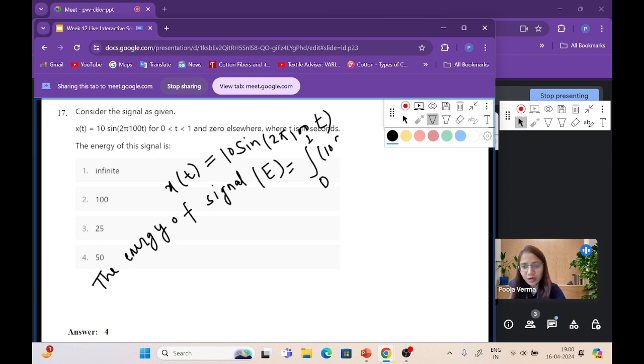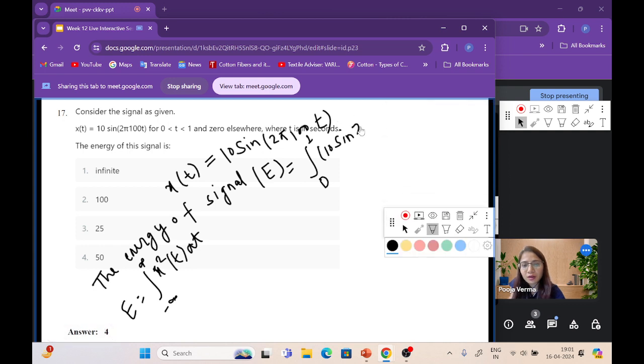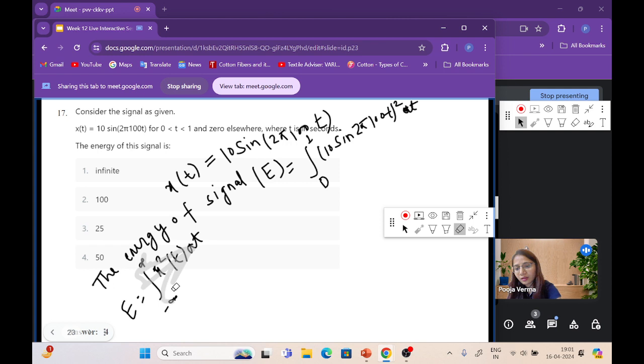As you know, the formula for finding out the energy of the signal is E equal to the integral from minus infinity to infinity of x square t dt. So now we need to find the square of 10 sine 2 pi 100t, dt, the square of that signal, right? And we will continue from here, otherwise we will get confused.